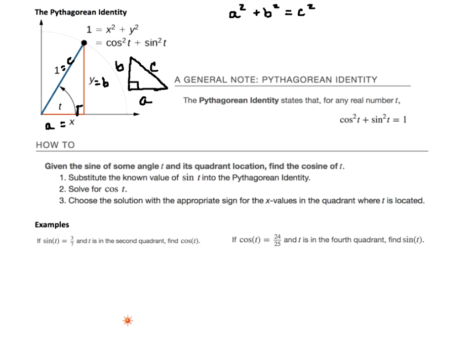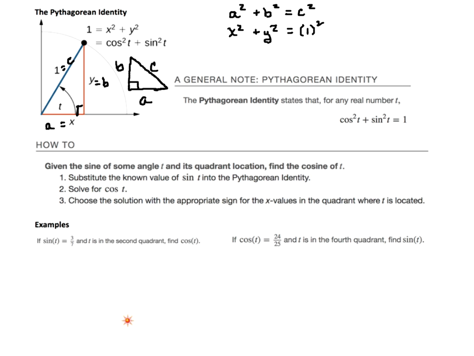So I can start replacing a, b, and c with x squared plus y squared is equal to 1 squared, which is just 1. But I also just found out a moment ago that my x corresponds to the cosine of the central angle, and my y value corresponds to the sine of the central angle.